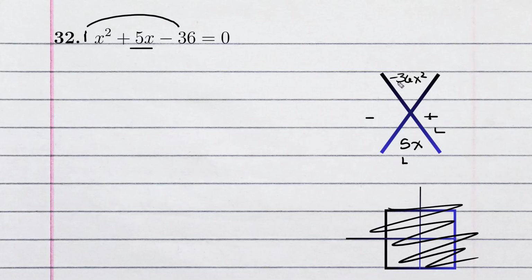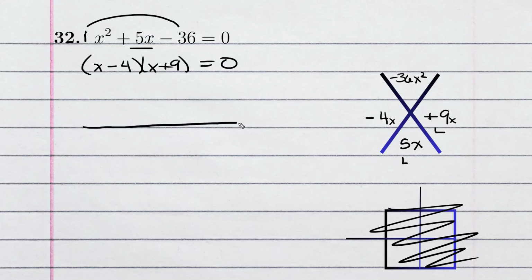So when I think about numbers that can multiply to give me 36, 9 and 4 come to mind. And so 9x and negative 4x. So when I come to my factors, it's x minus 4, x plus 9 equals 0.